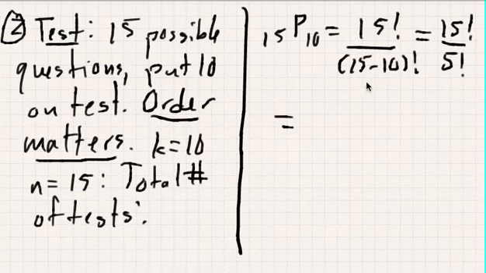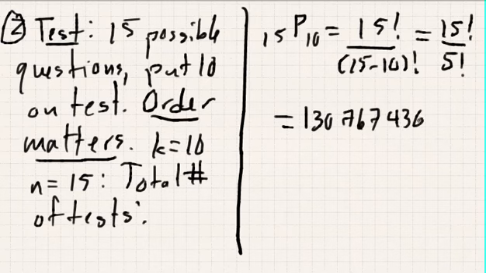But depending on what sort of calculator you have, you may or may not be able to actually write all of these numbers out. So you get 1, 3, 0, 7, 6, 7, 4, 3, 6, 8, 0, 0, 0.